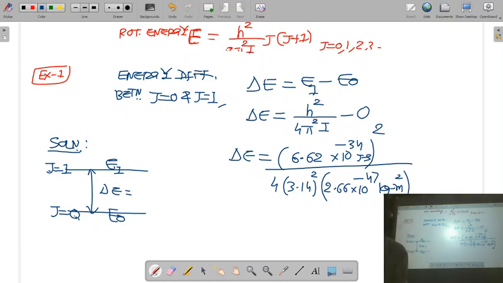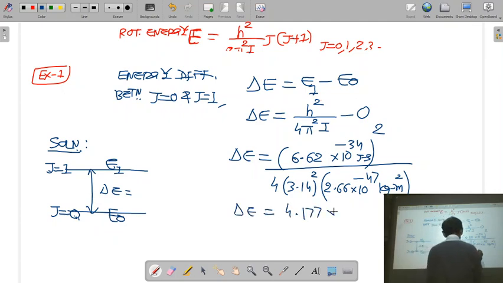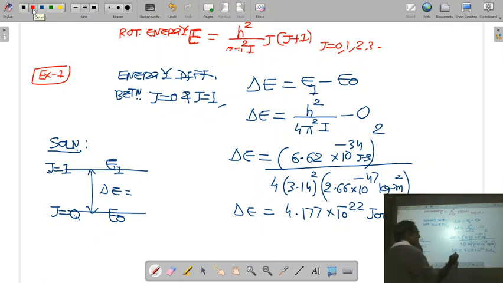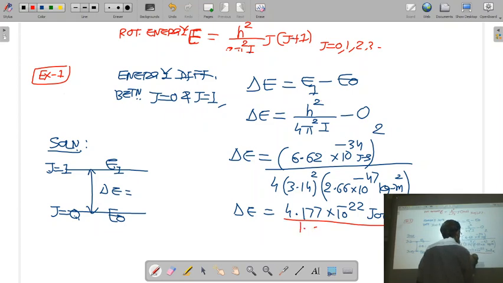The answer comes 4.177 times 10 to minus 22 joule. So this is the energy difference between two rotational levels 0 and 1. If you want to convert this into electron volt, you have to divide this by 1.6 times 10 to minus 19.